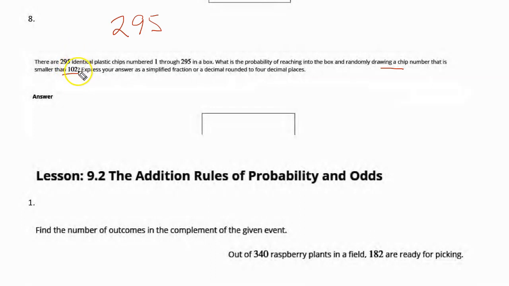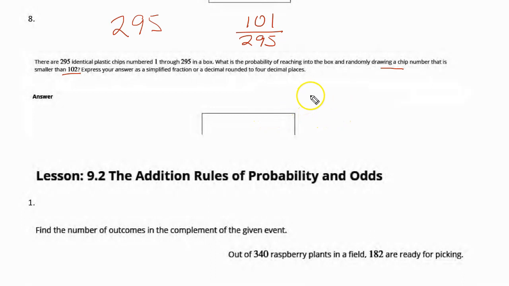Well, how many would that be? Well, they're numbered. How many are there before 102? Well, 101 out of 295. And what are they asking here? Simplified fraction. Well, 101 is prime, so you could use that.